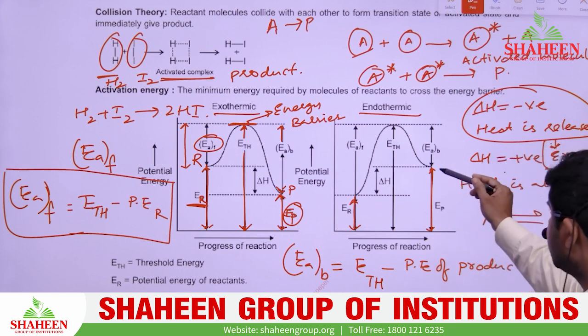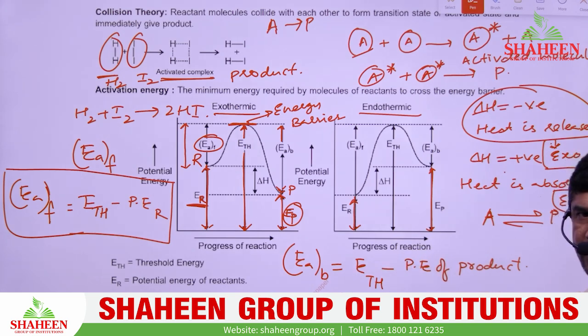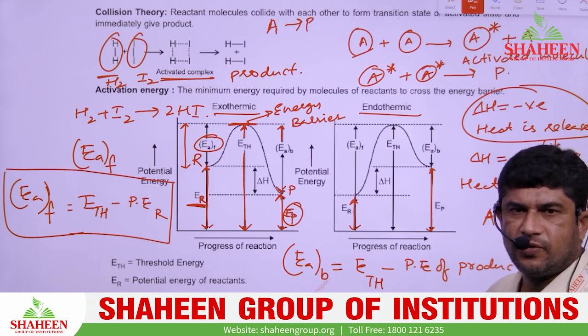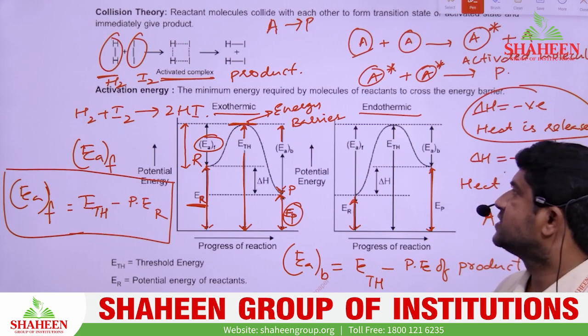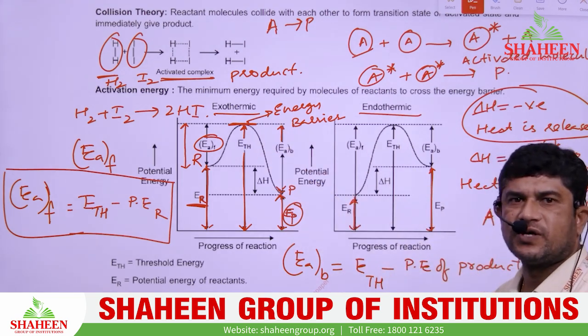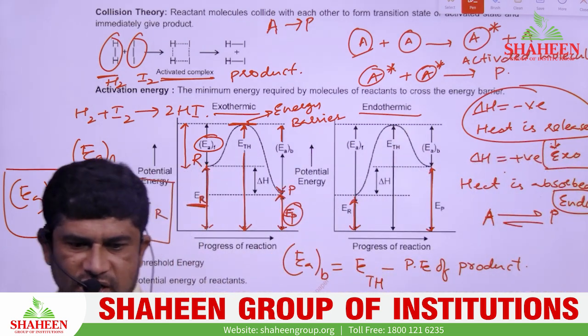Here the potential energy of product is greater than that of reactant, so delta H will be positive. Delta H positive means endothermic reaction. So this is the graph for endothermic reaction, and the other is the graph for exothermic reaction.